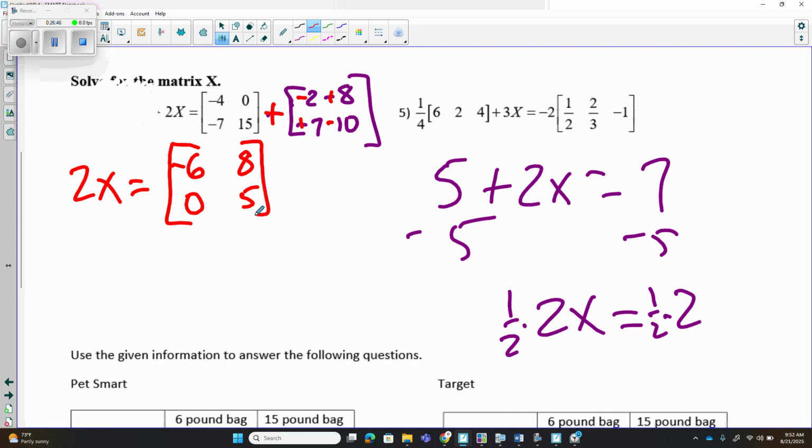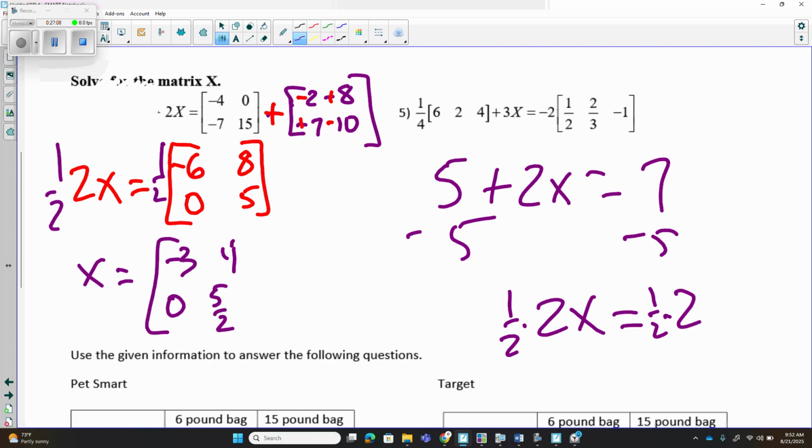So, what do I do with the 2? Multiply by 1/2. So I'm going to distribute the 1/2 to everything, okay? Which is the same as dividing by 2 to each and every single one of these. So I'm going to get a -3, a 4, a 0, and a 5 over 2. Just like they did on the board, okay? So good job.